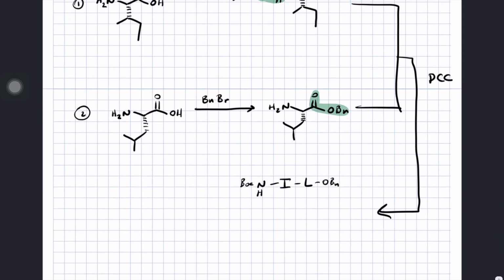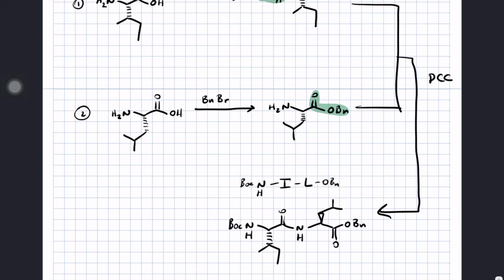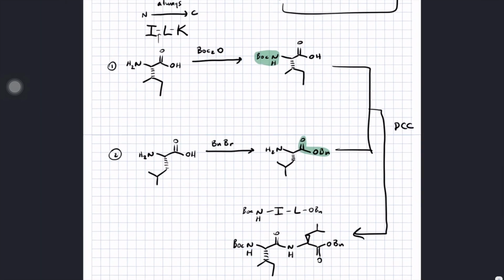And I will just draw that out for you. I won't draw the Boc protecting group, but here's your isoleucine, and then here's your leucine amino acid, and here is your protected C-terminus protected as the benzyl ester, and then the N-terminus is protected as the Boc carbamate.